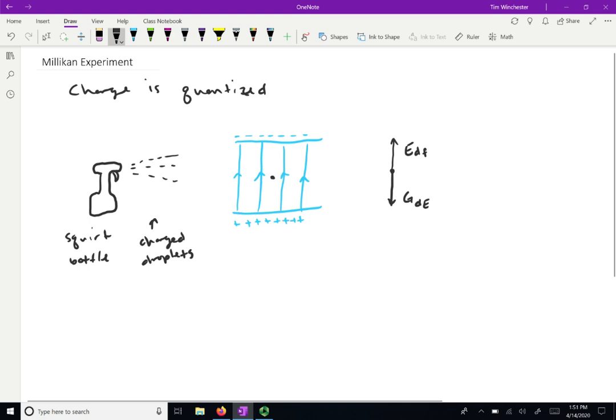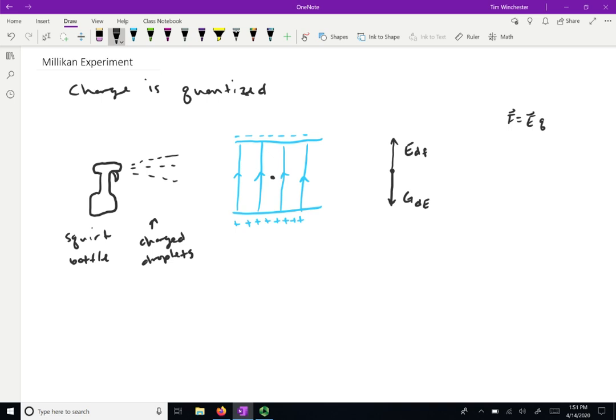By adjusting the electric field, you can get those into equilibrium and figure out what electric force you have on that particle. This is the general idea, and since you know that the force is the electric field times the charge, you can figure out what all the charges are from this.